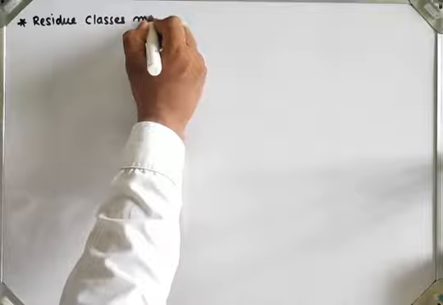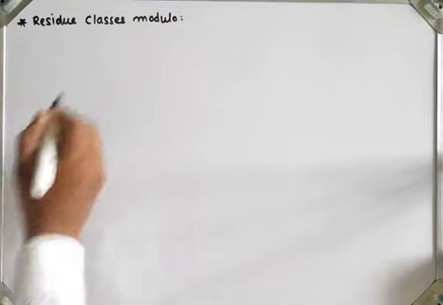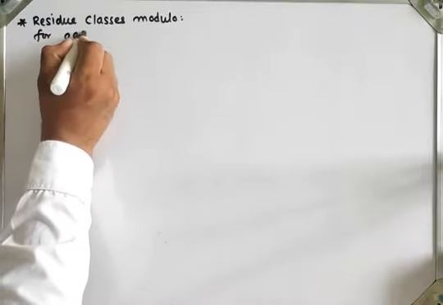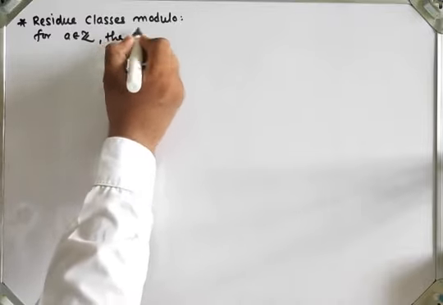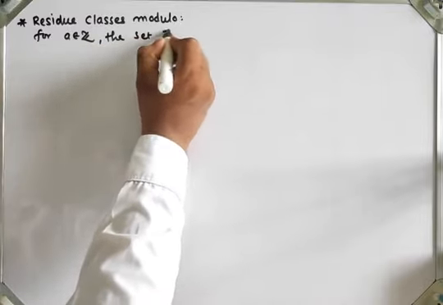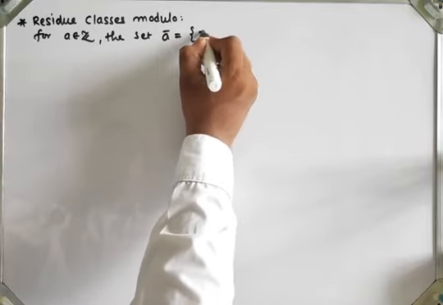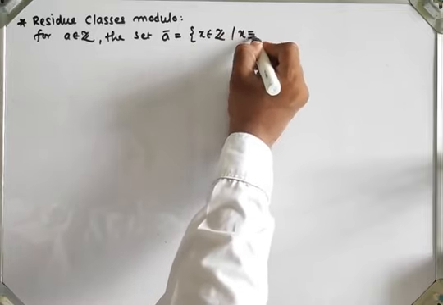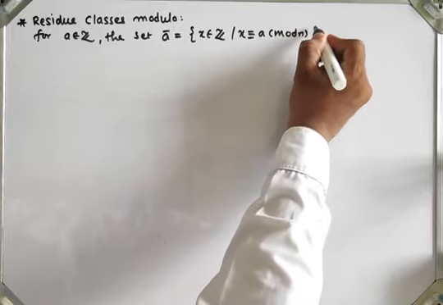Modulo. So let's see the definition. For a belongs to the set of integers, the set a bar, which is the residue class of a, is equal to the set of all those x belonging to the set of integers such that x is congruent to a modulo n.